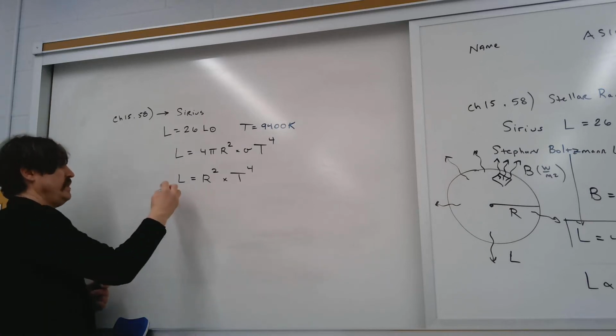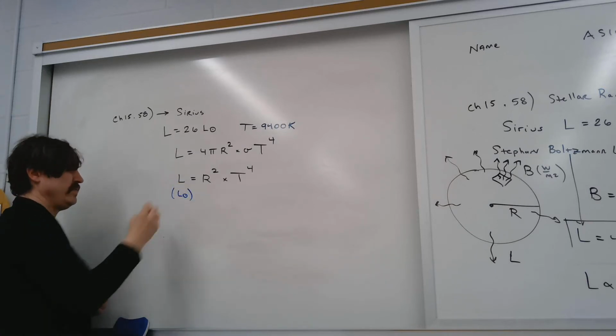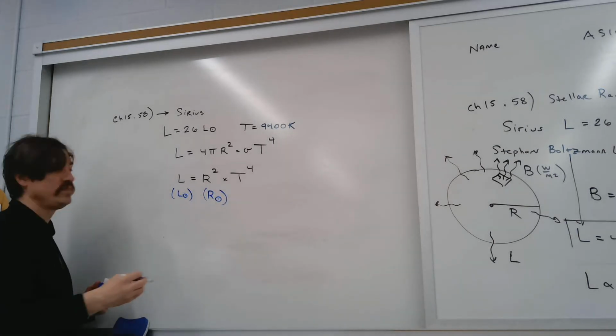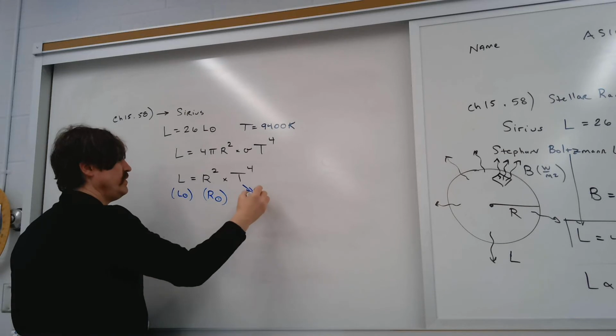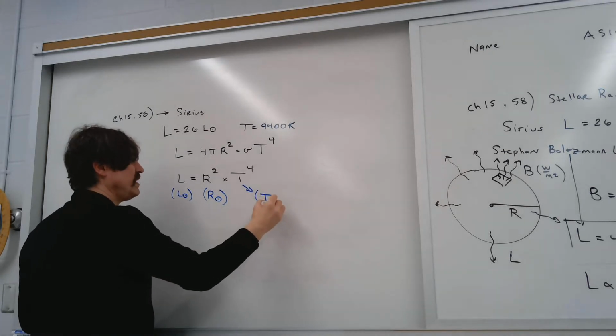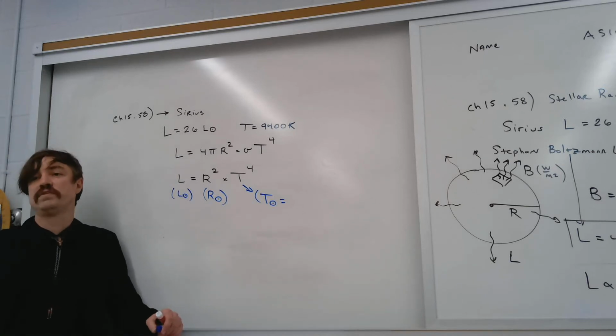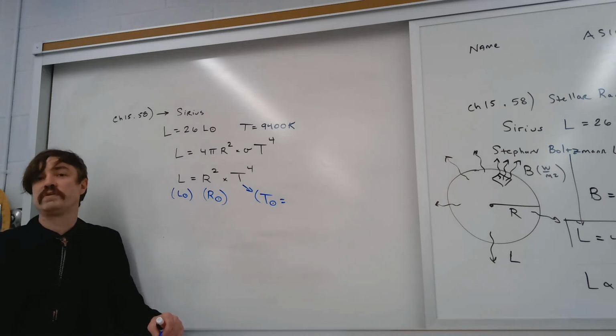For the luminosity, you use solar luminosity units. For the radius, solar radii. And for the temperature, you'd have to use solar temperature units, where this was how many times greater or less the star was than the photosphere temperature of the sun.